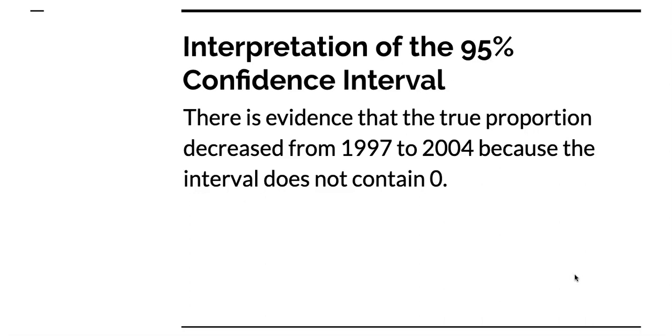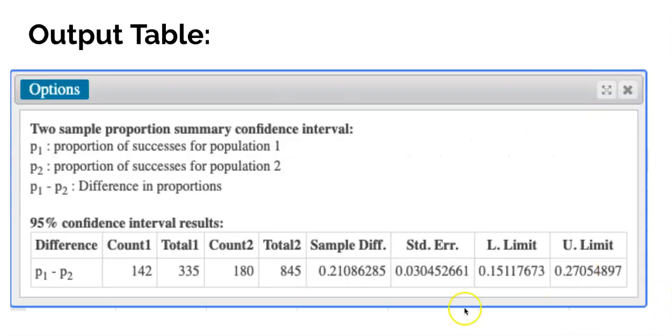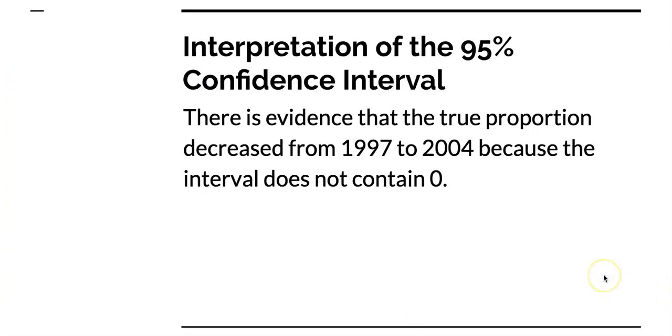And notice it didn't include 0. Including 0 means maybe there's really no difference, but my interval was completely above 0. So we have evidence that the true population proportion is not only different, but actually decreased from 1997 to 2004. And that is how you can use a confidence interval to make an inference about the population.